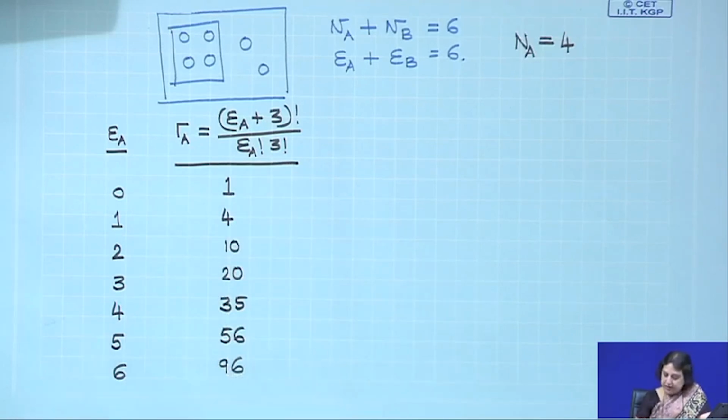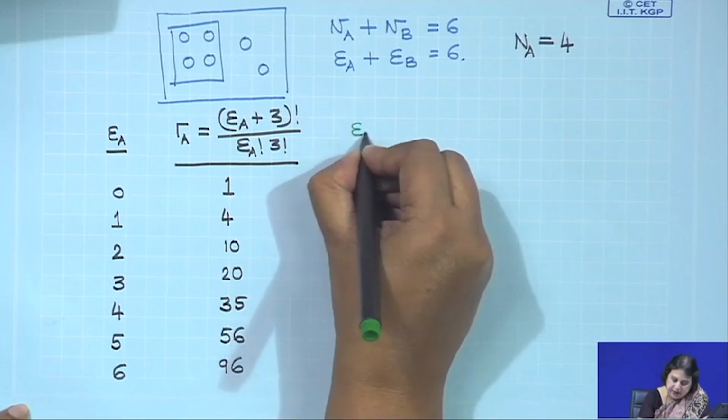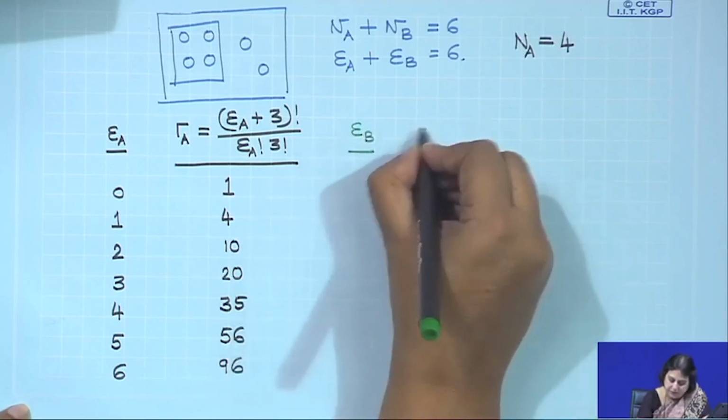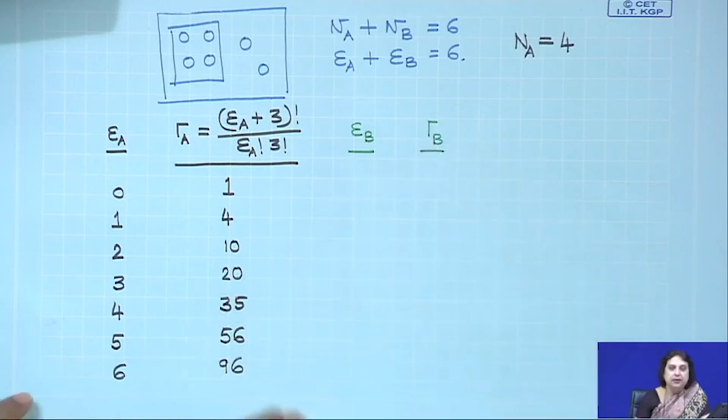Now, corresponding to each of these 7 macro states for the composite solid, I am going to have corresponding energy values of epsilon B and the associated number of microscopic states gamma B.